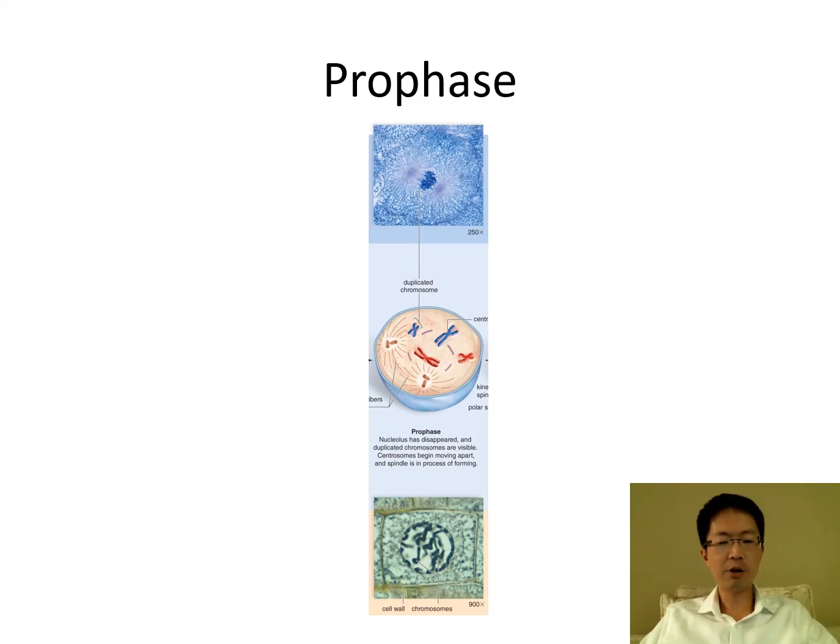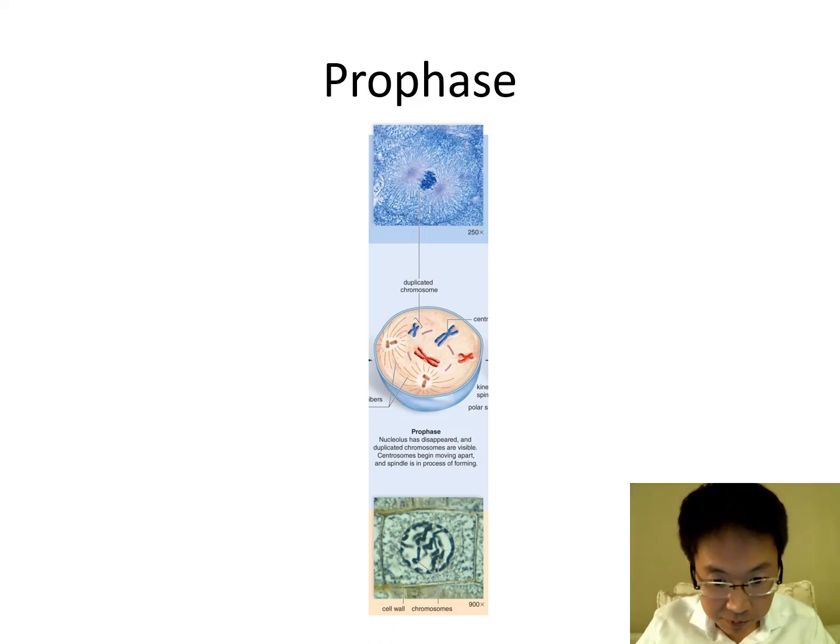So the first stage of mitosis is called prophase. Prophase, I'm not sure if you can read this, but these are the properties during prophase. What happened? Okay.